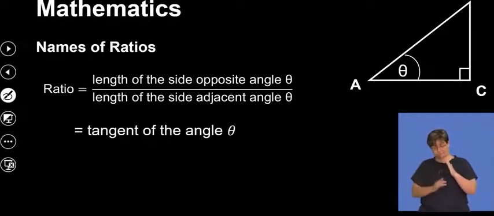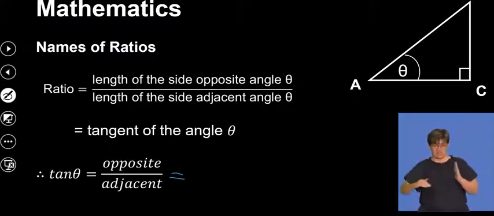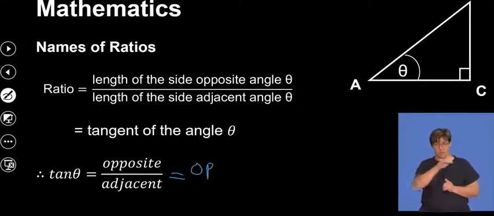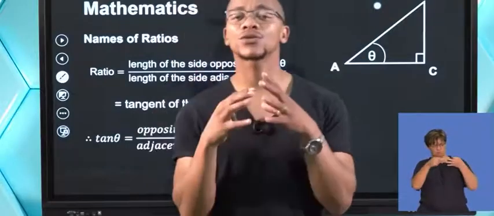So this will be the tangent of the angle theta. Therefore, this is opposite over adjacent. Tangent is just the full word, but we call it tan. And then this is OPP over ADJ, to mean adjacent.